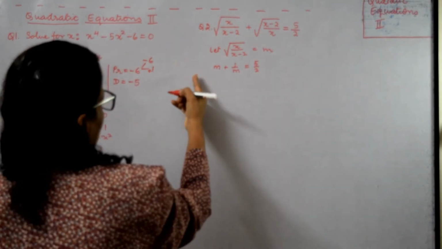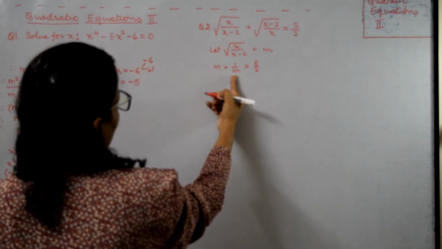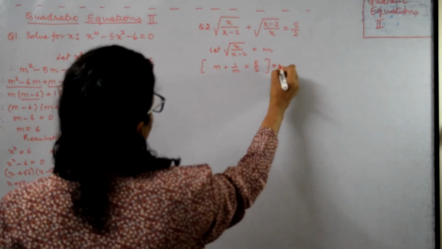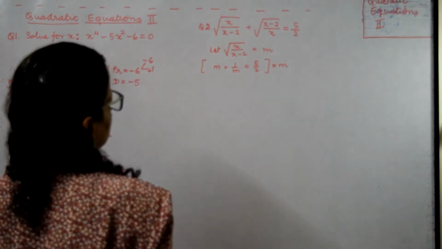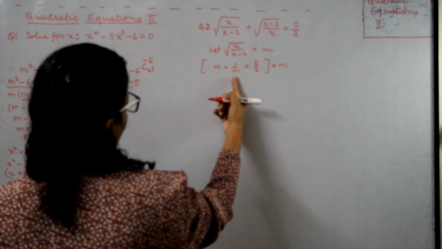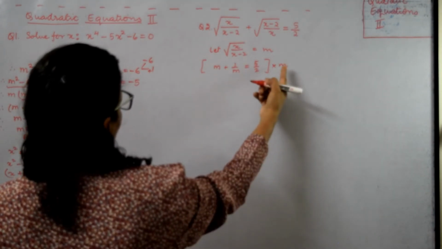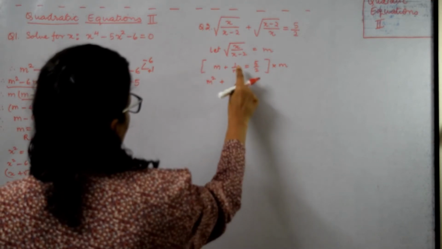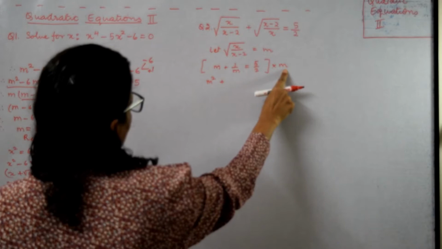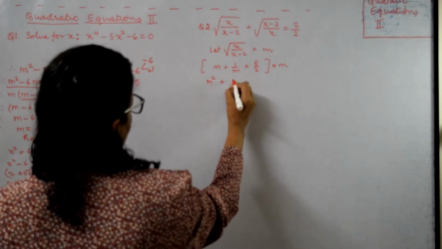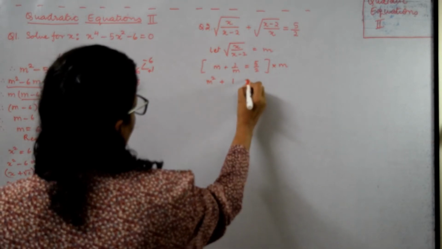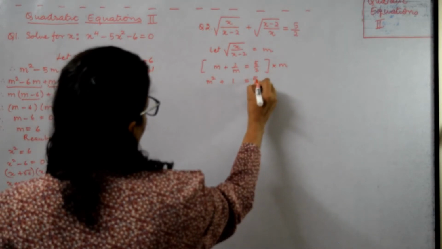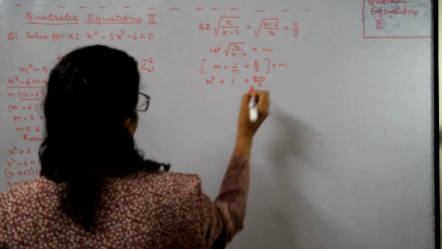Now you can take an LCM here, but I prefer to multiply this entire equation by m. When I open this bracket, m into m will give me m squared, plus 1 upon m into m will give me 1, with m getting cancelled, equal to 5 upon 2 multiplied by m, which becomes 5m upon 2.